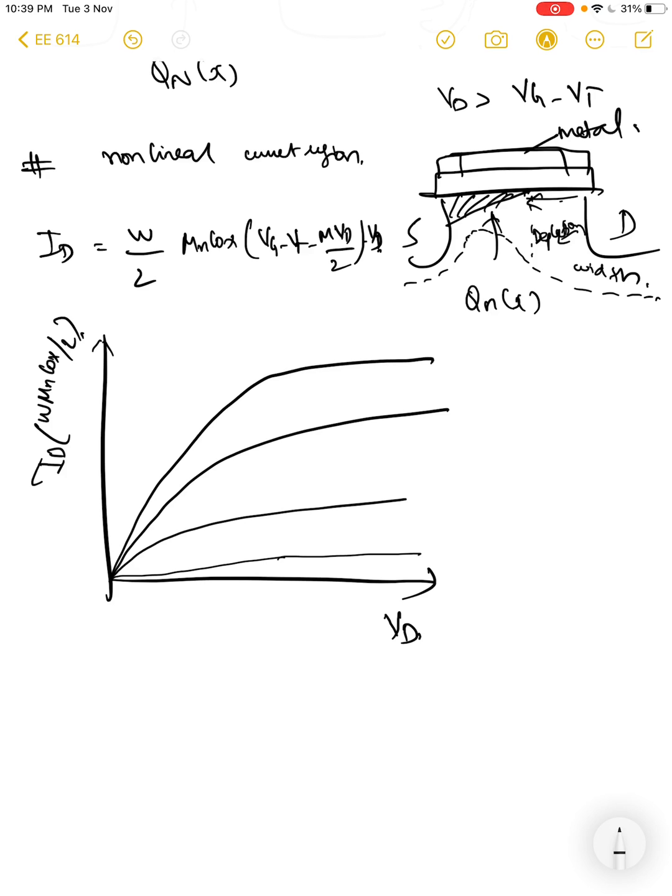You have the region of linearity, and you have a region where the current does not change any further after this particular point. So this is called the VD sat locus, and any region here where the current ID is linear with VD is the linear region, and in between the linear and saturation region the current kind of tapers away, right? So this is the nonlinear region.